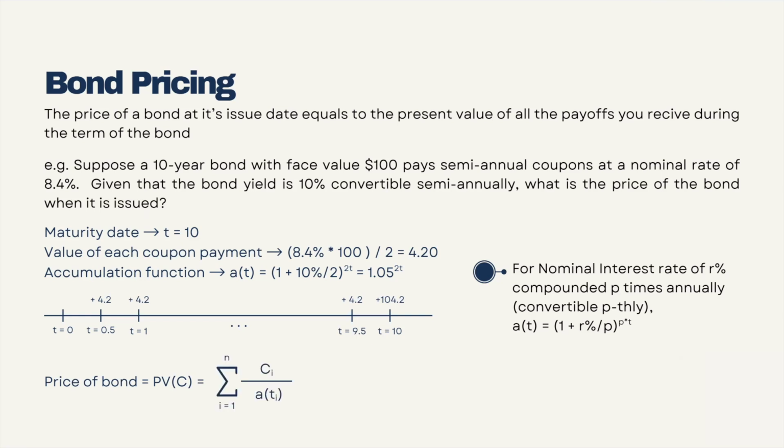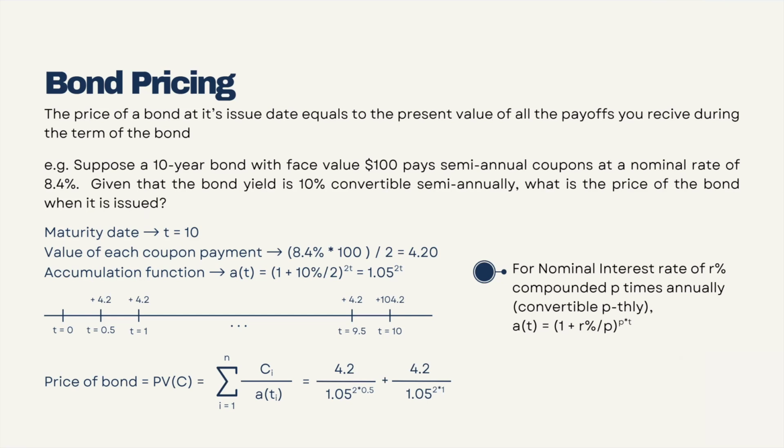As mentioned earlier, the price of a bond equals the present value of the cash flows, which equals the summation of the present value of each payoff. So in this case, for the very first payment, the accumulation function would be 1.05 raised to the power of 2 times 0.5. And that would be used for the present value of the very first coupon payment.